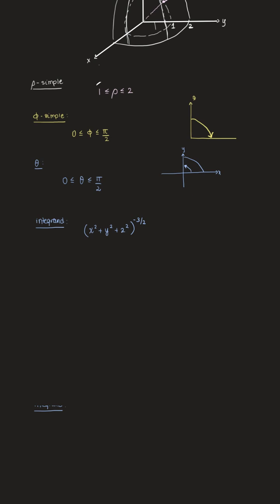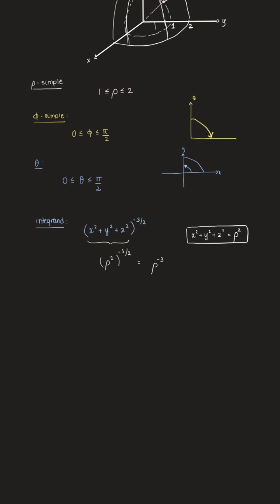The one that's going to be most useful here is that x squared plus y squared plus z squared is equal to the radius of the sphere squared, which is rho squared. So this identity is the most useful in changing our integrand. We can replace x squared plus y squared plus z squared with rho squared, and now we're raising rho squared to the negative 3/2. When we multiply exponents, that gives us rho to the negative 3 because the 2's cancel.